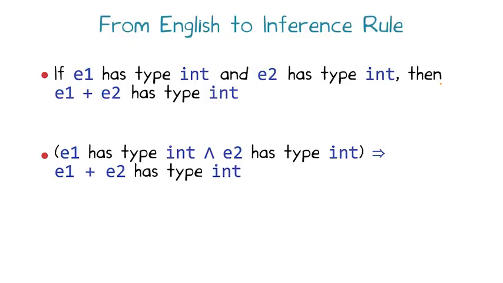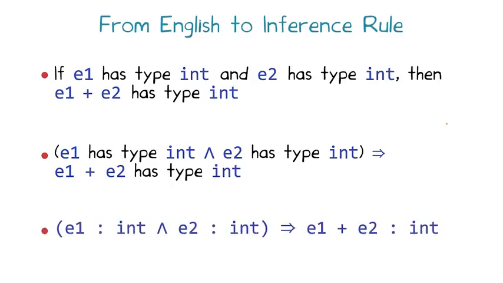Then we can replace the if x then y construction with x arrow y, where x is the conjoined hypothesis and y is the conclusion E1 plus E2 has type int. Finally, we can replace the phrases x has type int with the notation x:int, giving us the following inference rule. E1:int AND E2:int implies E1 plus E2:int.